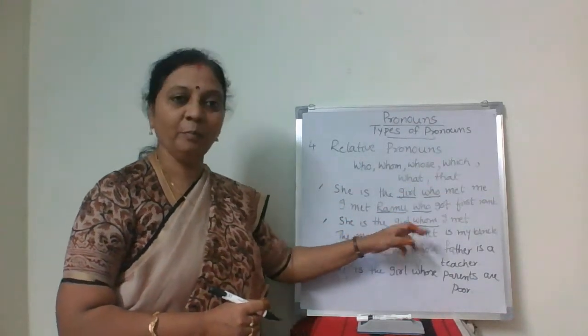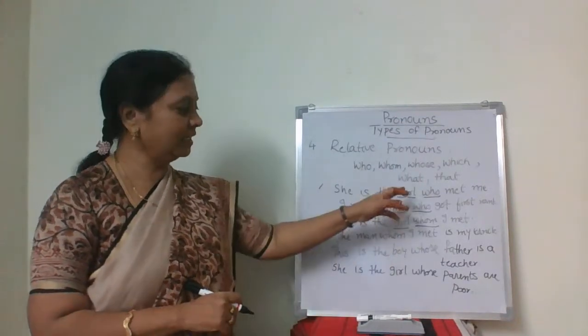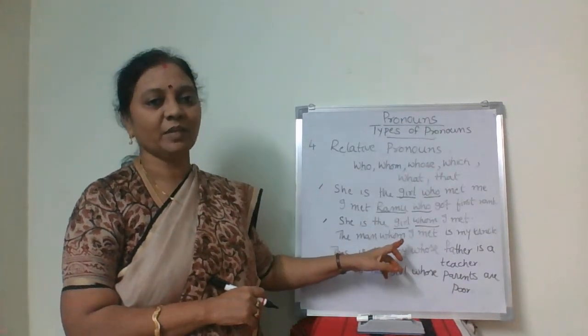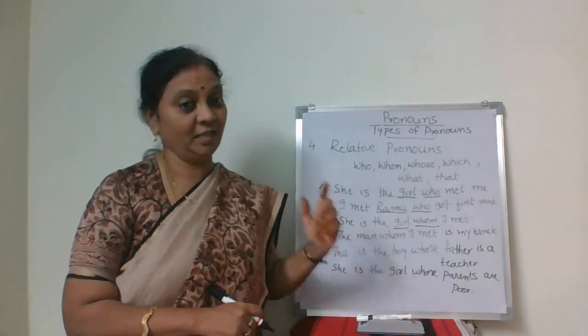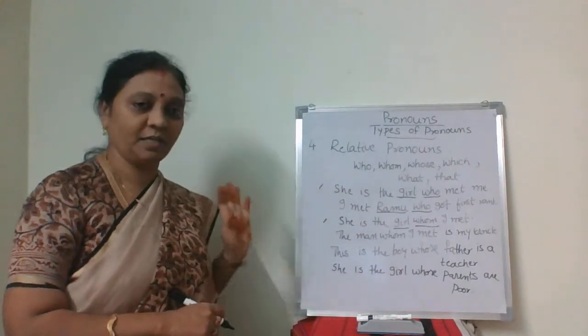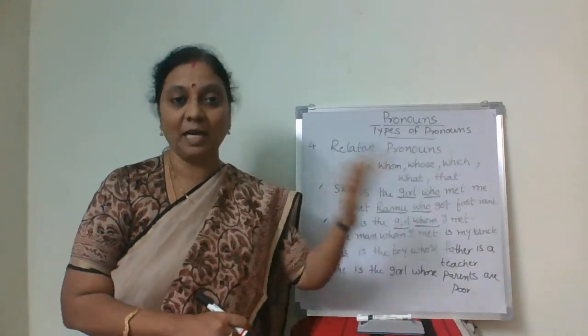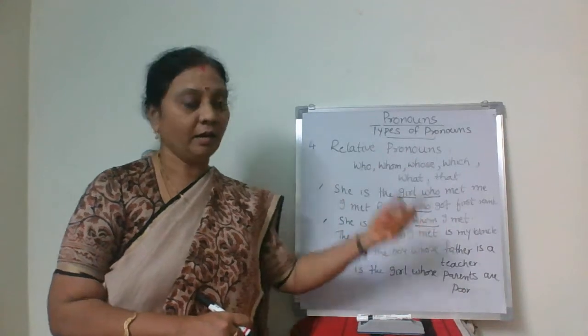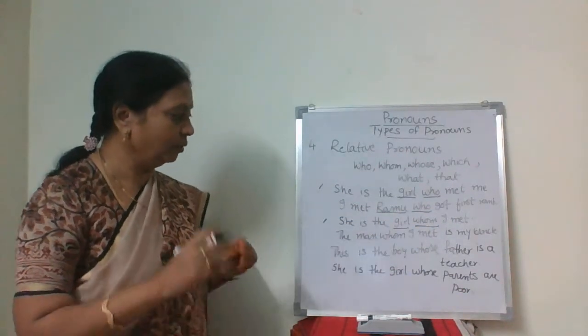Here, whom I met means I met the girl. The girl is the subject with who, but with whom it has become the object. She is the girl whom I met means I met her. Instead of her, I am using whom.